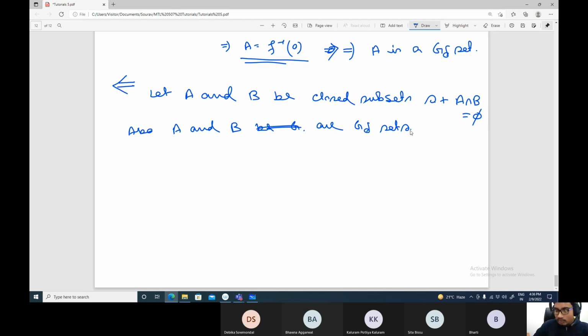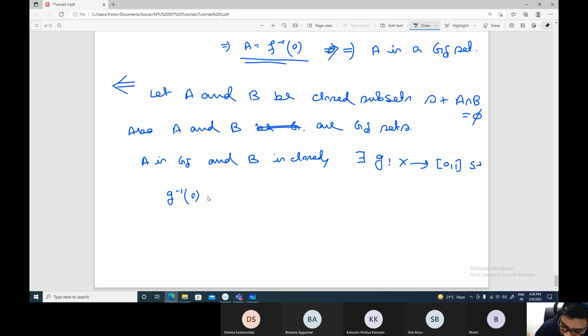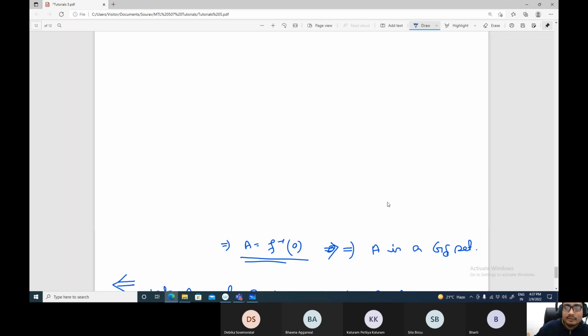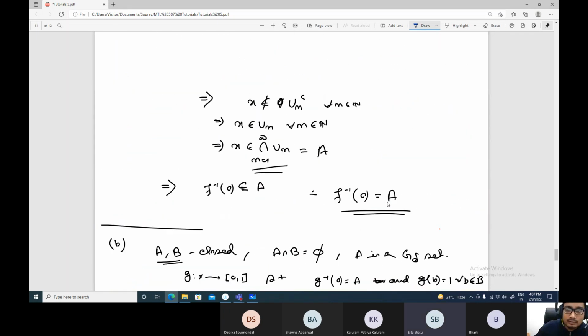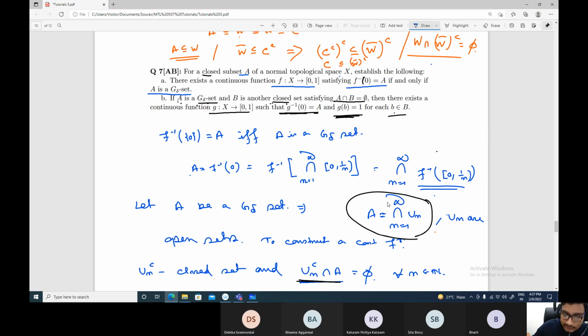Fine. Now since A is a G delta set and B is closed, there exists g from X to [0,1] such that g inverse of 0 is equal to A and g(b) equals 1 for all b belonging to B, by the second part of this result.